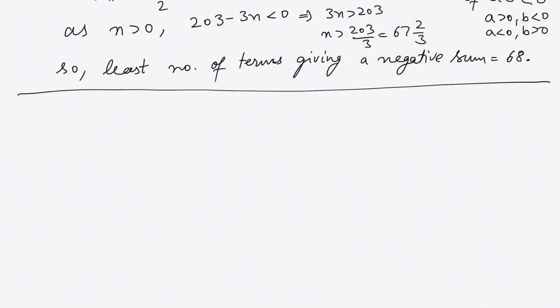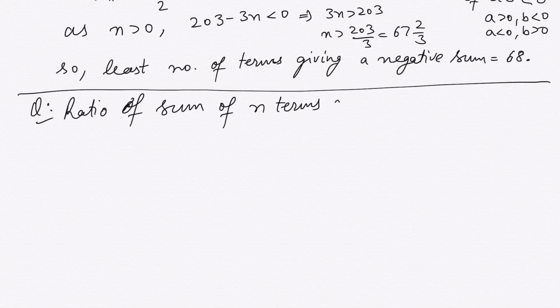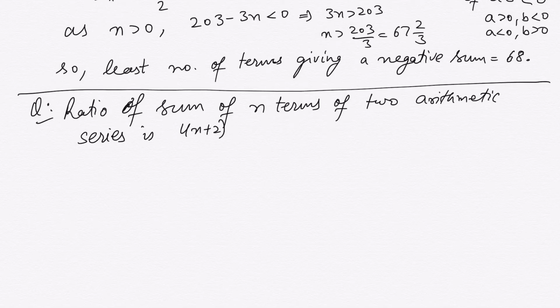Suppose we are given that, this is a question, the ratio of the sum of n terms of two arithmetic series is, let us say, 4n plus 2 is to 3n minus 9, and he can ask you to find the ratio of the fifth term.